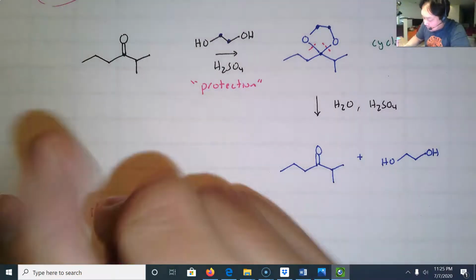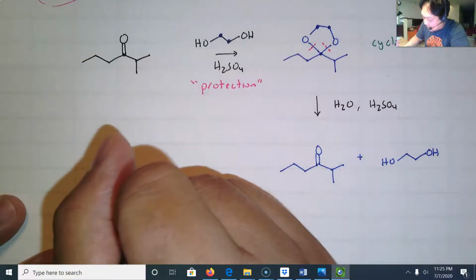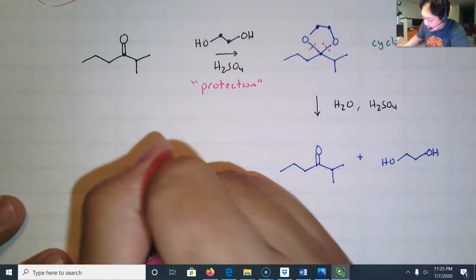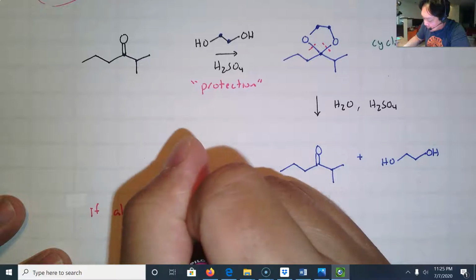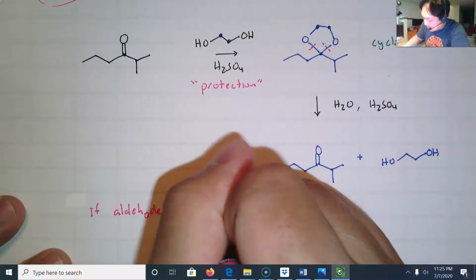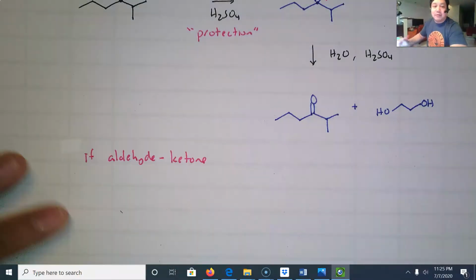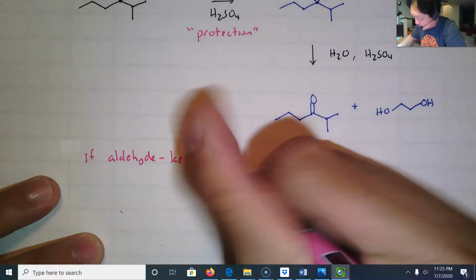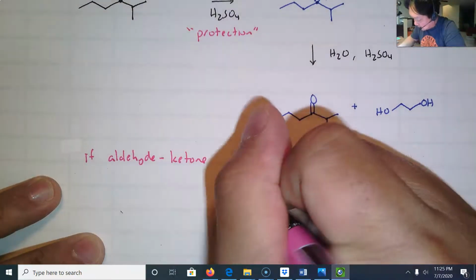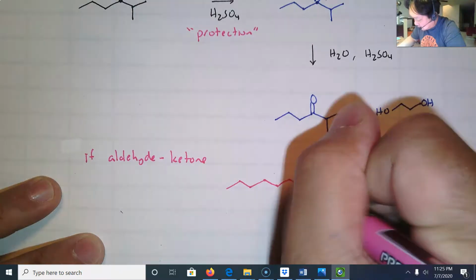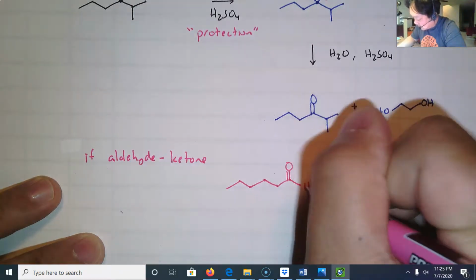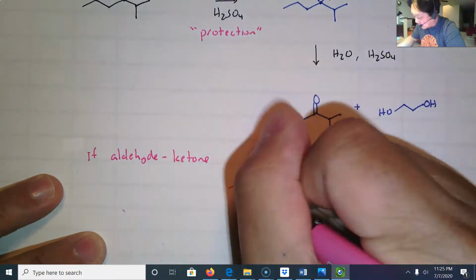If you have an aldehyde ketone, right, a molecule with both an aldehyde group and a ketone group, maybe something like this. There's my aldehyde at the end, and here's my ketone in the middle.